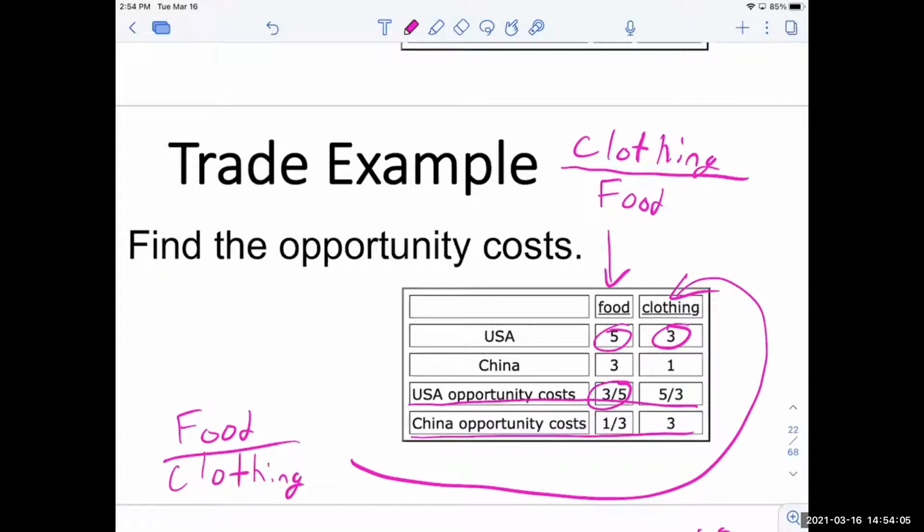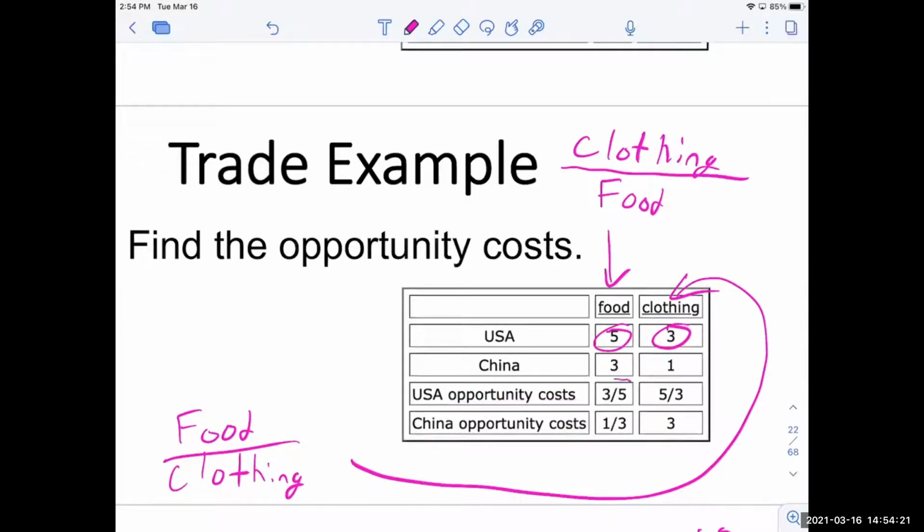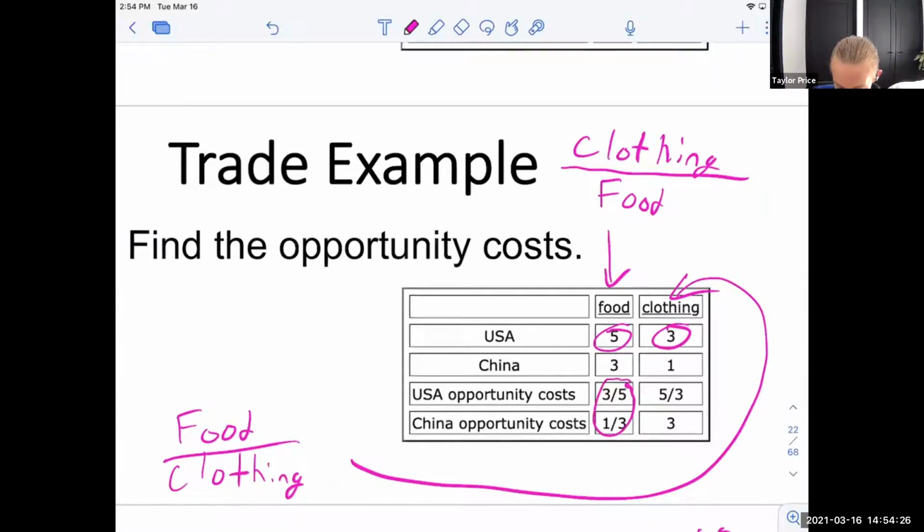And then when you compare, are you comparing the US opportunity cost within itself, or are you comparing it to China? So would you compare 3/5 to 1/3, or would you compare 3/5 to 5/3? Yeah, in this case, you would compare the 3/5 to 1/3, and then the 5/3 to 3.